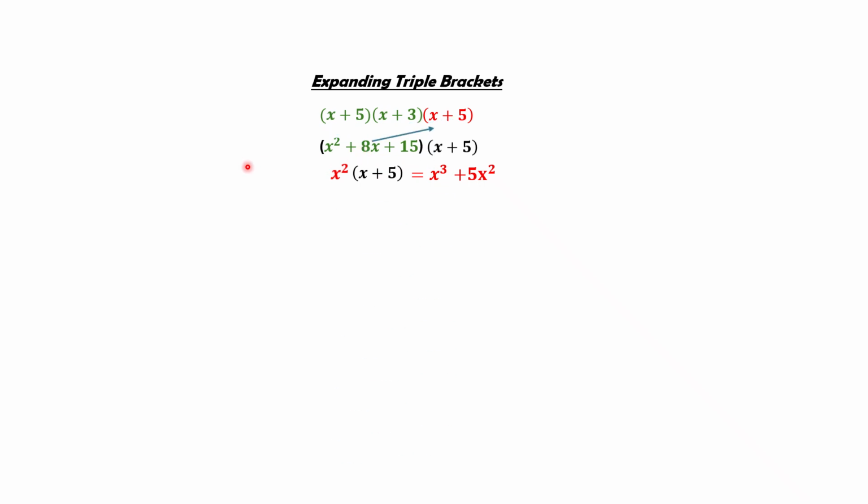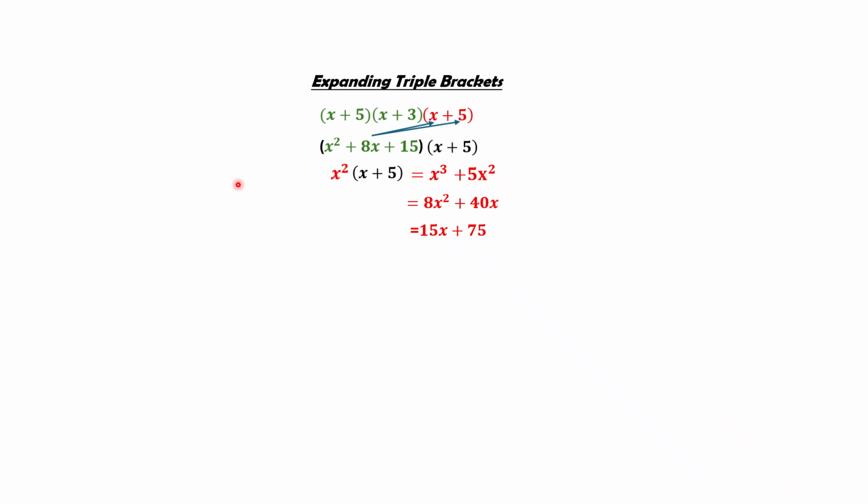We multiply the 8x times x and the 8x times 5. So 8x times x is 8x squared. 8x times 5 is 40x. And again, we do the 15. We do 15 times x, which is 15x, and 15 times 5, which is 75.